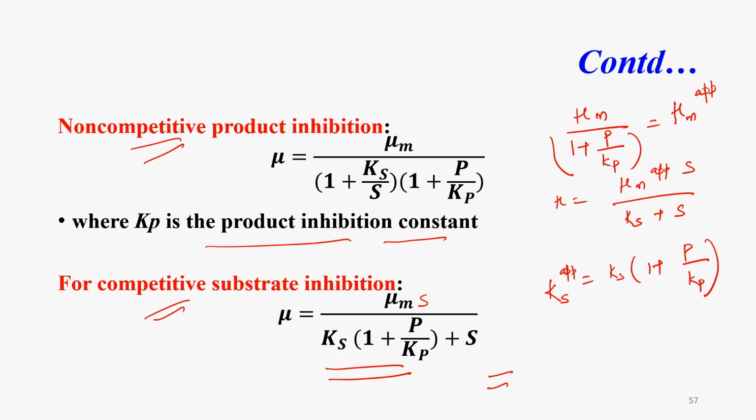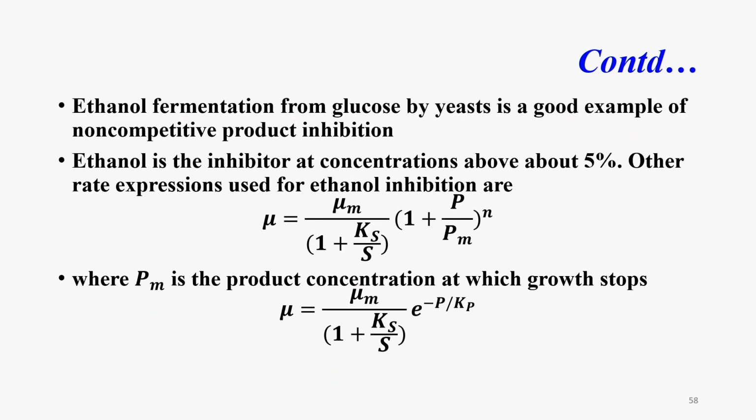So, in the case of product inhibition, we have discussed non-competitive and competitive product inhibition. One example is ethanol, which is produced from sugar, which may be glucose or sucrose, and typically Saccharomyces cerevisiae yeast is used for the production.